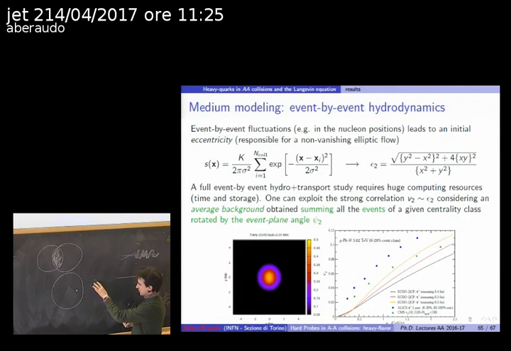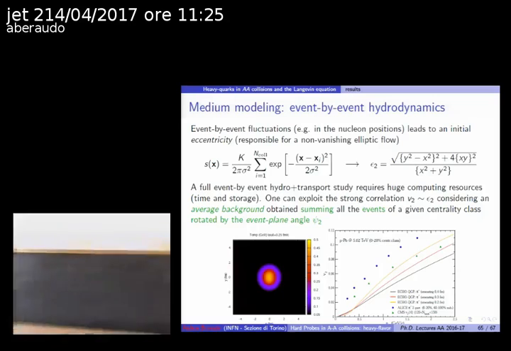These are the nucleons which interact with my projectile, and the spatial asymmetry comes from the event by event fluctuations of these target nucleons.